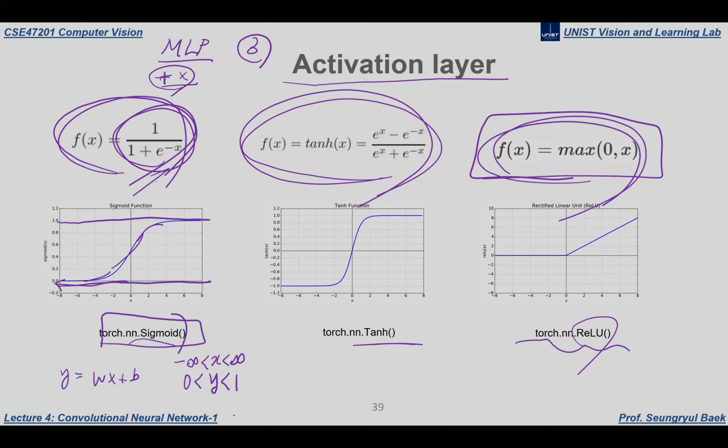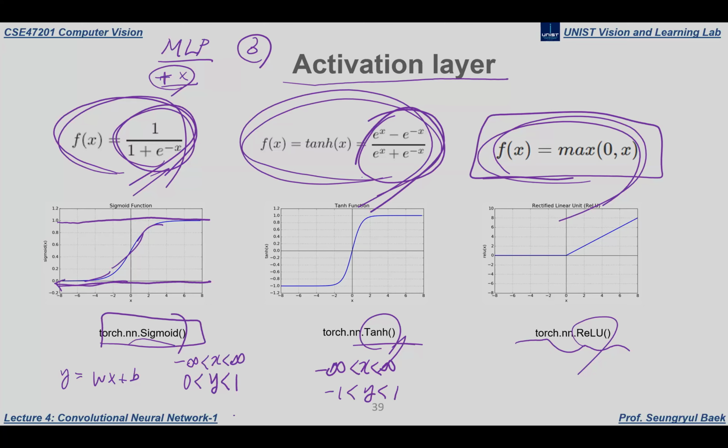And the formula is like this, okay? They are defined from minus infinity to infinity, but their y values are from 0 to 1, okay? Tangent hyperbolic is similar to sigmoid in the sense that their x is from minus infinity to plus infinity, but their range for y is from minus 1 to 1, and their equation is like this, okay?